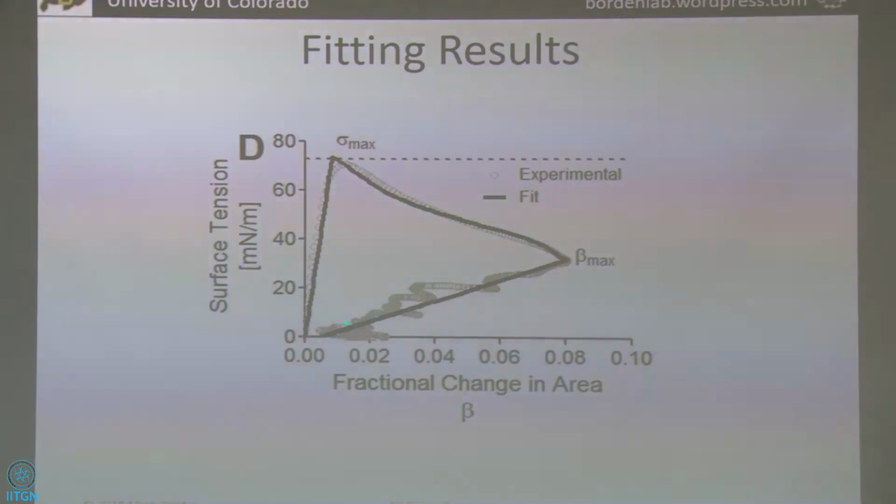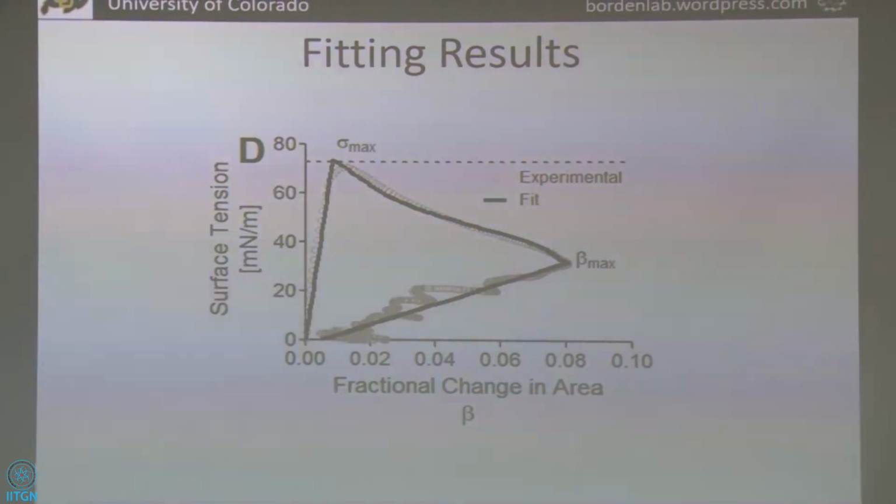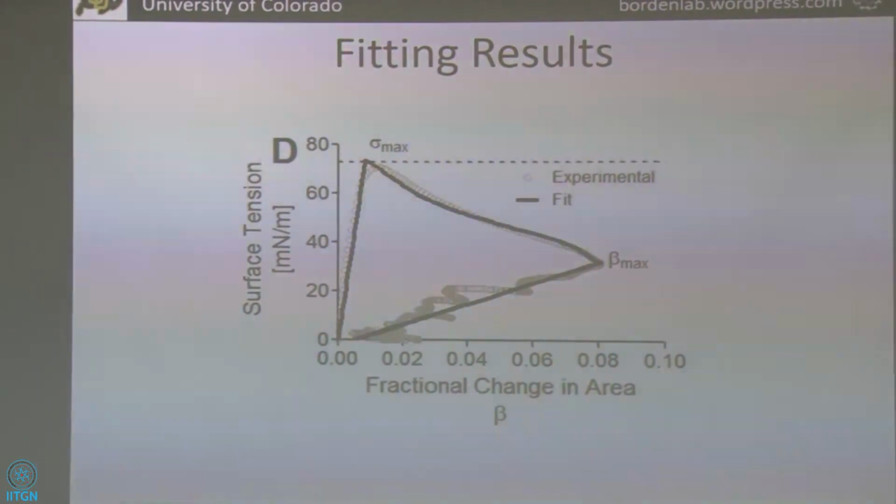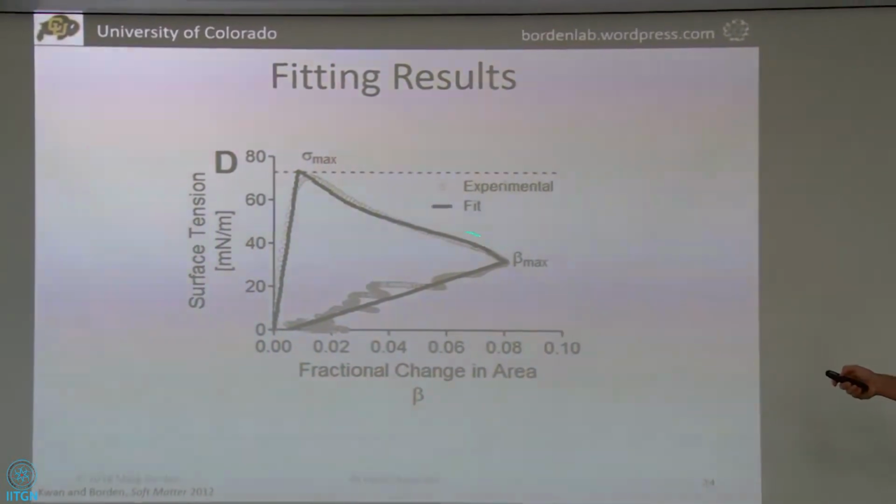And then what's interesting is the bubble continues to expand, but the surface tension decreases. So the bubble's expanding, the surface tension is decreasing. Then the bubble is compressing, and surface tension decreases back to zero. So this was a bit interesting to us.